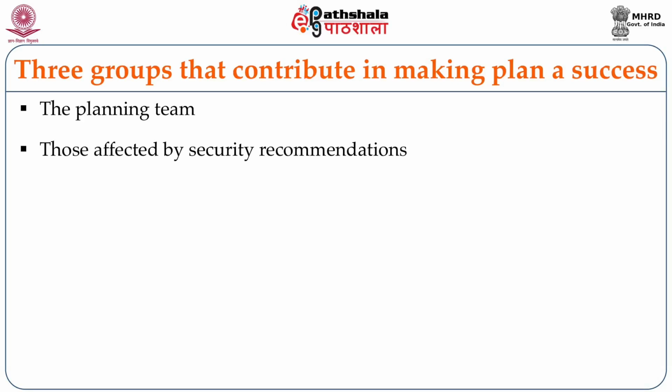The second is those affected by the security recommendations, who must understand what the plan means for the way they will use the system and perform their business activities. And third, management must be committed to using and enforcing the security aspects of the system.